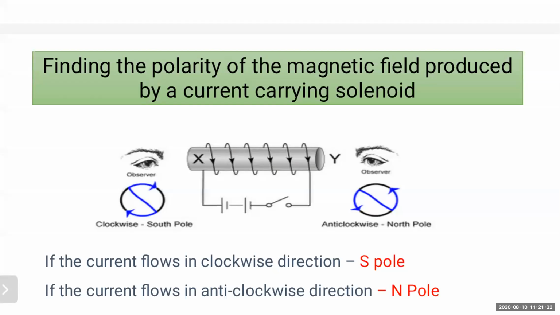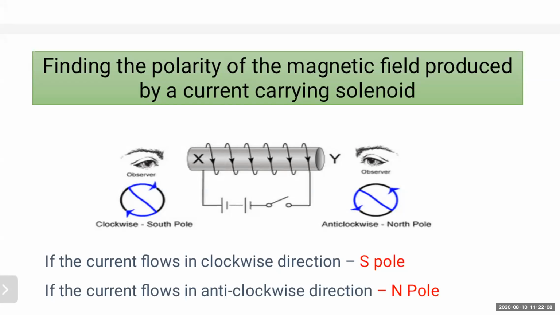But how do we find the direction of the magnetic field if the current flows in a clockwise direction? The solenoid behaves as a bar magnet, so it has a south pole and a north pole. One open end acts as a south pole and the other as a north pole.